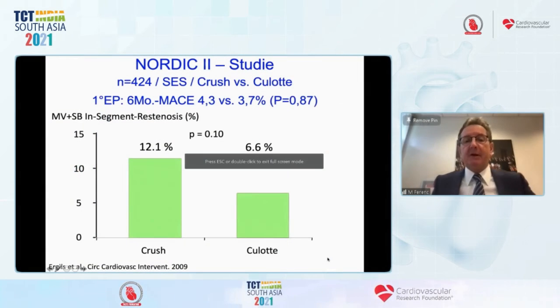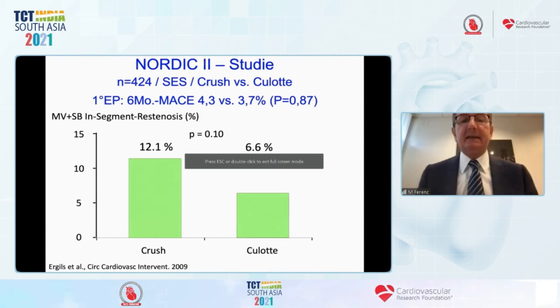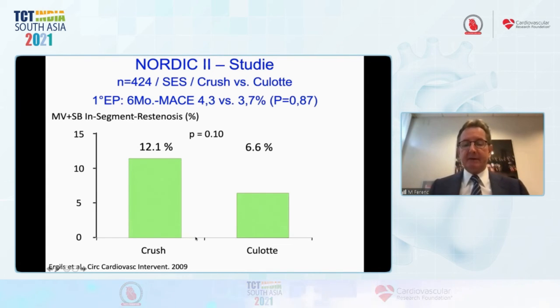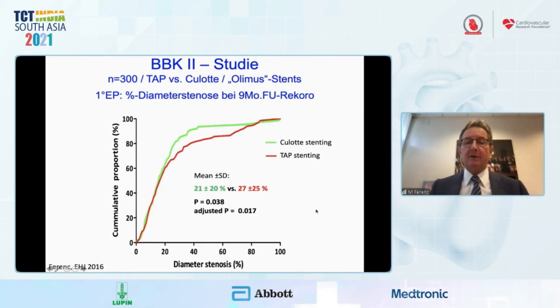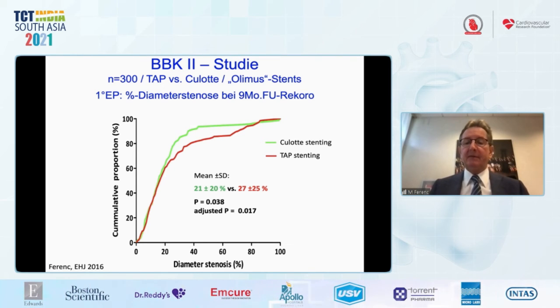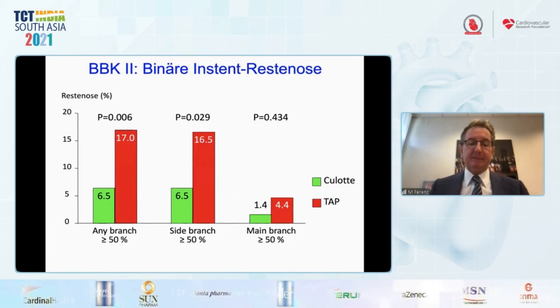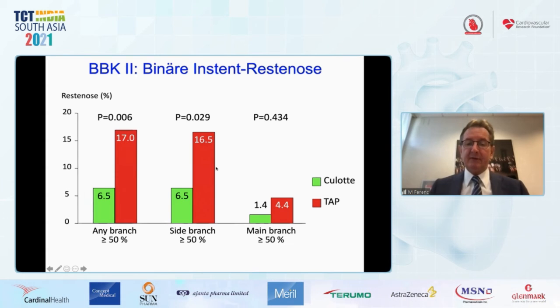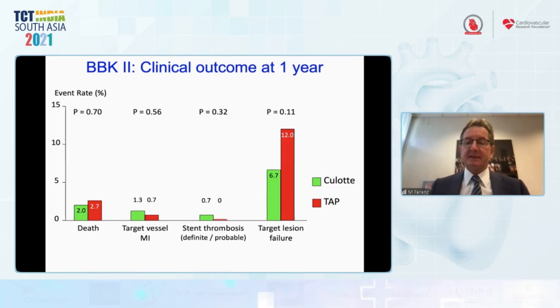And if we compare double stenting studies, we have the Nordic 2 study, which compared crush and culotte. There was a trend to better results with culotte. In our BBK 2 study, we compared in a randomized trial TAP with culotte. The result was clear. We achieved better results with culotte, especially in the side branch, because we cover the ostium of the side branch perfectly.